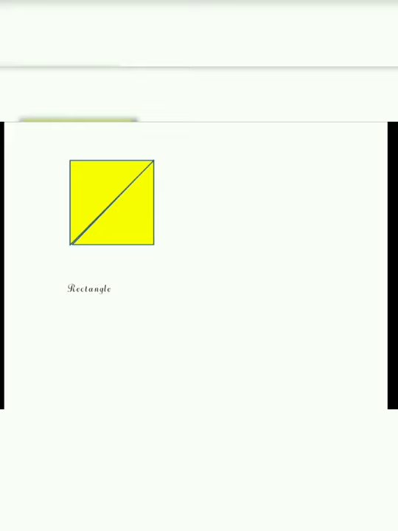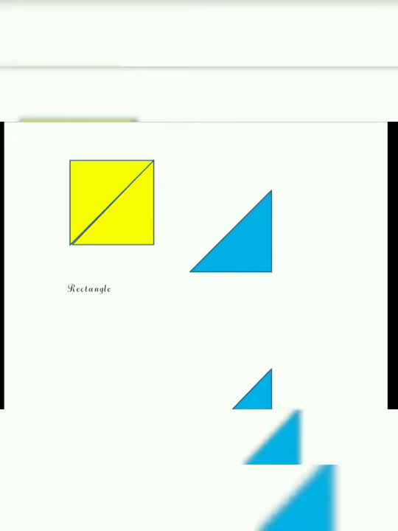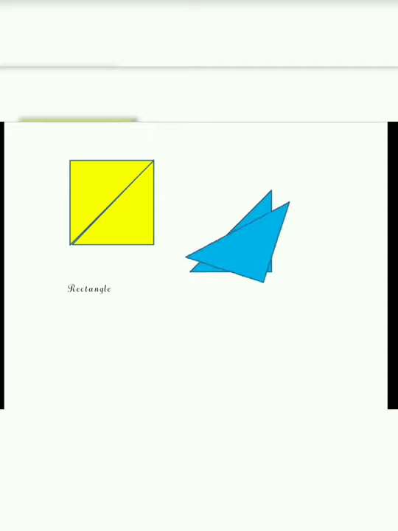Now we will take the blue triangles which are of the same measure. These 2 triangles we are going to convert into a big triangle. Just observe it. Oh yes, it becomes a triangle. Can you observe it?